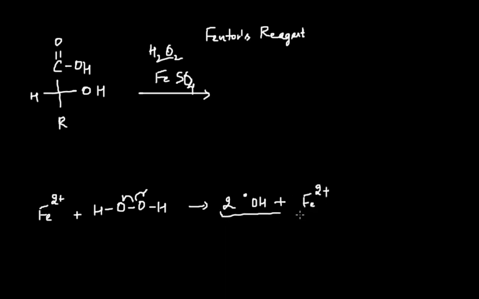Now one of the radicals will oxidize this Fe2 plus to Fe3 plus and itself becomes hydroxide ion. So you have an OH radical, you have hydroxide ion, you have Fe3 plus.